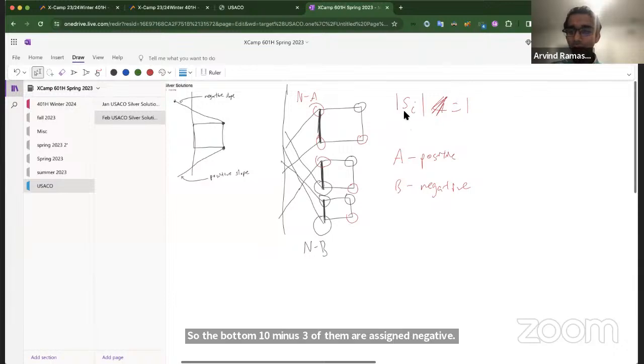So we can solve the subtask where SI equals 1.